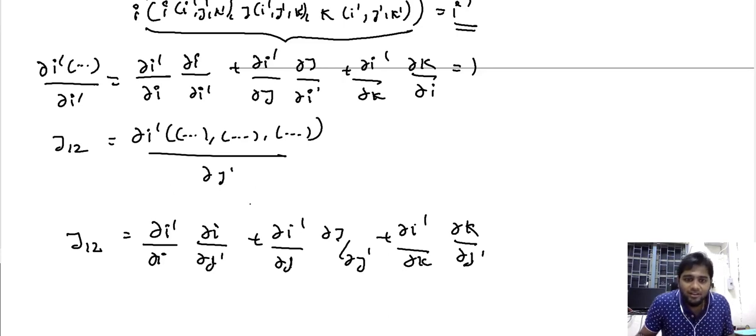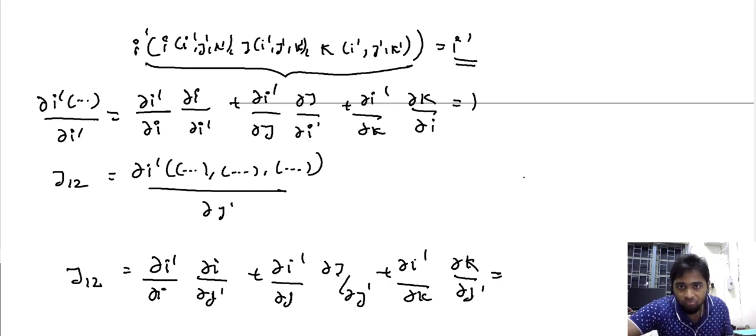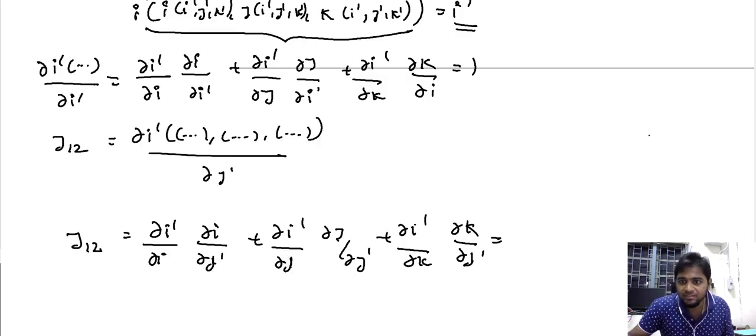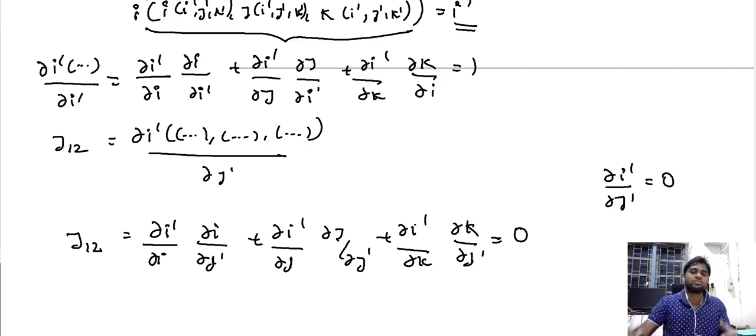Now when you consider the right hand side of it, we have an independent variable I prime. So here we need to have the differentiation of dou I prime with respect to dou J prime. I prime is an independent variable, J prime is an independent variable, so this leads to 0, and ultimately we will end up having an expression 0.